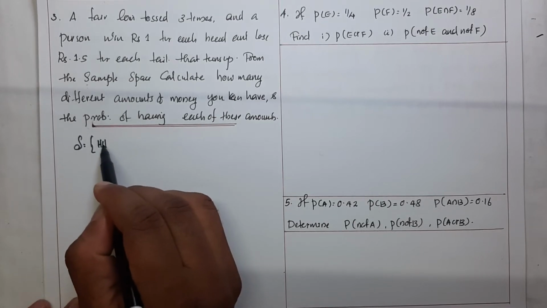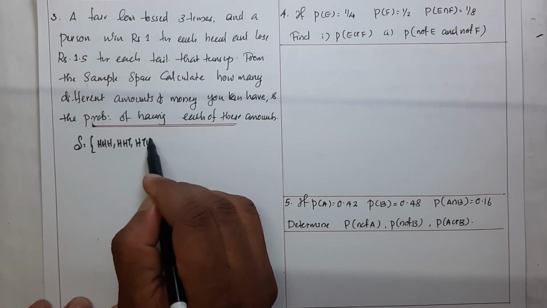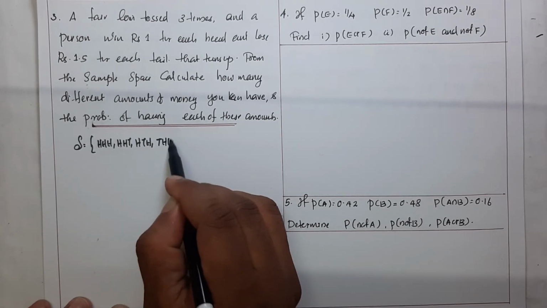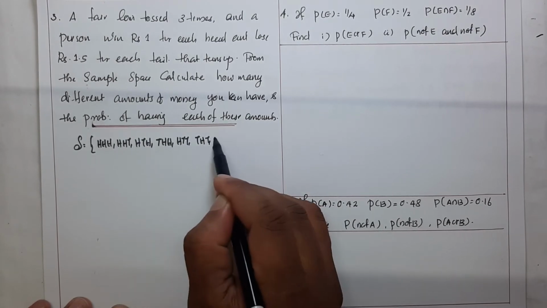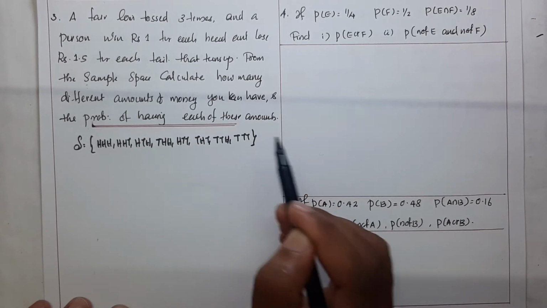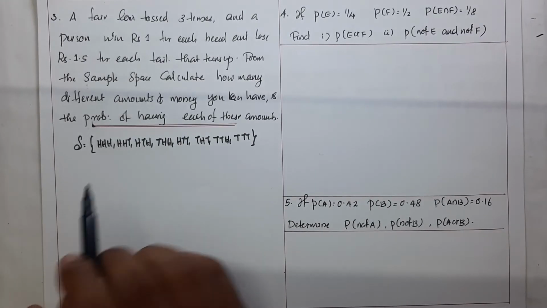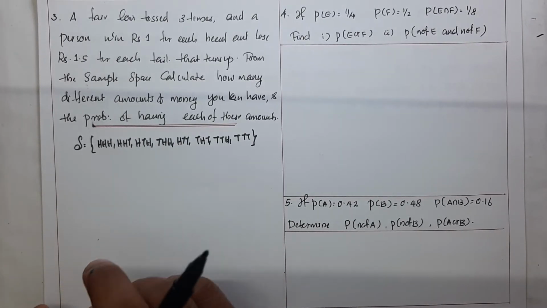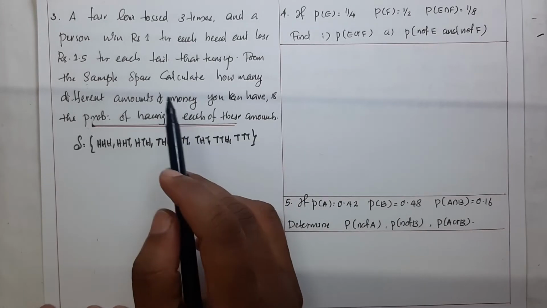A coin tossed 3 times, you know the possible outcomes are: head, head, head; head, head, tail; H, T, H; T, H, H; then H, T, T; T, H, T; T, T, H; and the last element is tail, tail, tail. Here given, the person wins rupees 1 for each head and loses rupees 1.5 for each tail.